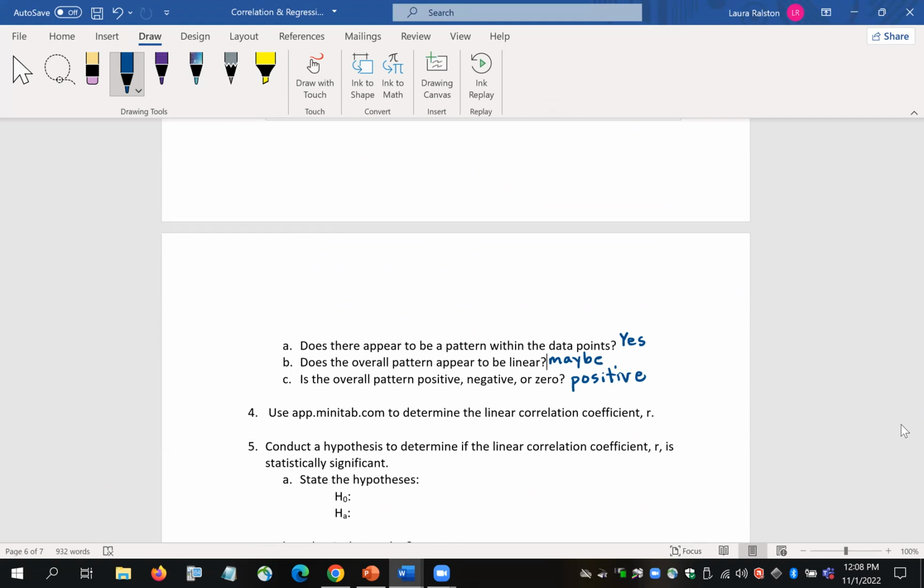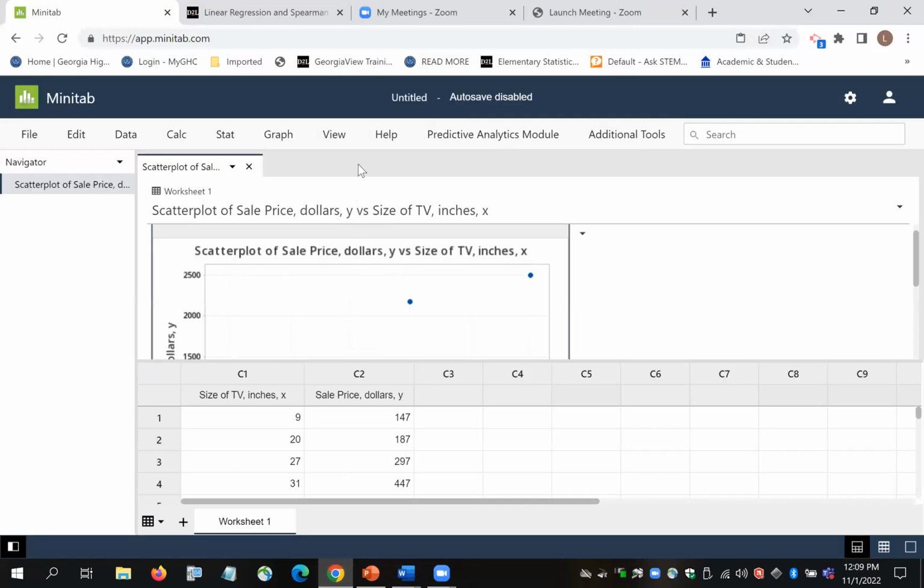And even though Jeannie and I disagreed over whether it was linear or not, it's okay, because we're relying on our eyes and people see things differently. But then we go to the next step, and we're going to actually calculate the correlation coefficient. And hopefully at that point we'll have no doubt.